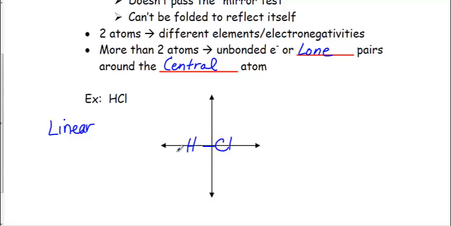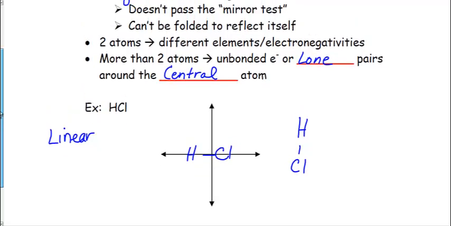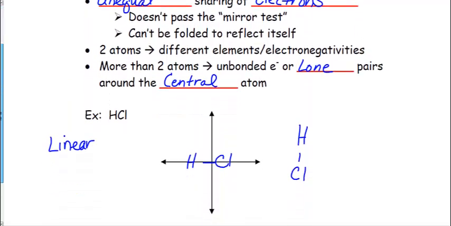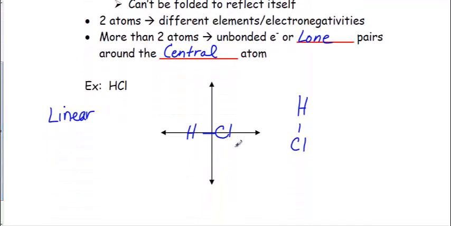If I flipped it, okay, hydrogen would be on this side, chlorine would be on this side. It's not the same on both sides, or if we drew it out this way, it would still not be the same if I flipped it. Mirror image, not the same. Okay, so if we have a polar molecule, it would be asymmetrical.